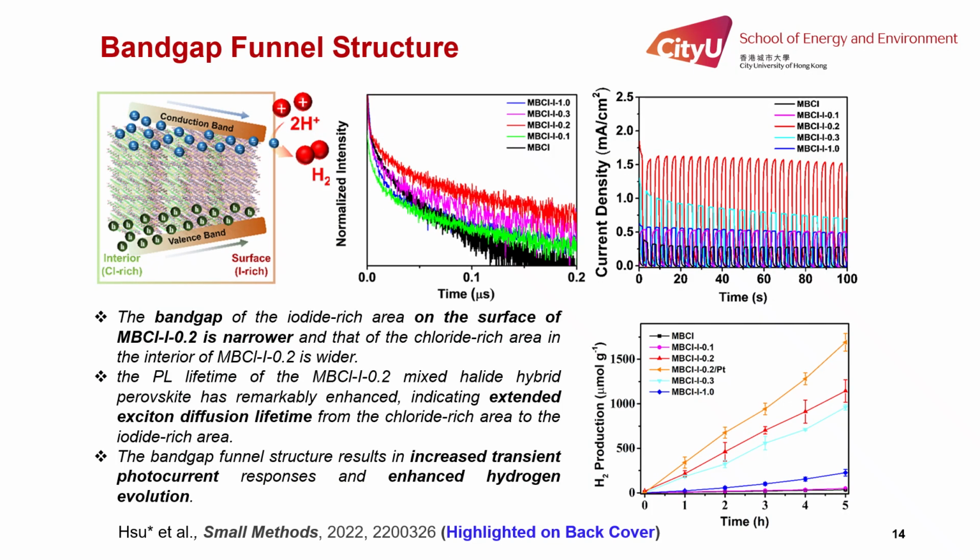We demonstrate the bandgap funneling in perovskite photocatalyst gives rise to improved photoluminescence lifetime, the red curve, increased transient photocurrent, and enhanced hydrogen production.